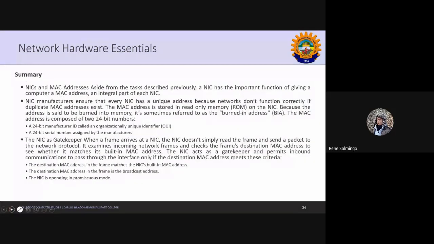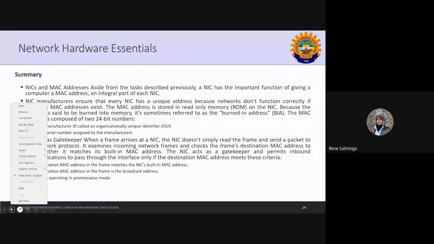And also, we have discussed the network interface card. We have the NIC and the MAC. So you could see the manufacturers on the back of the NIC, and the MAC address is also distributed on each computer. And the MAC address is stored in read-only memory because the address is burned in the memory and referred to as a burned-in address.